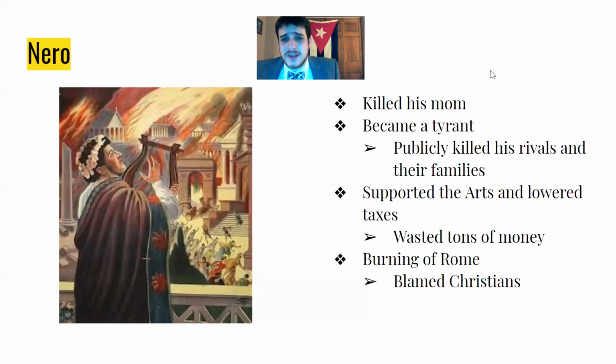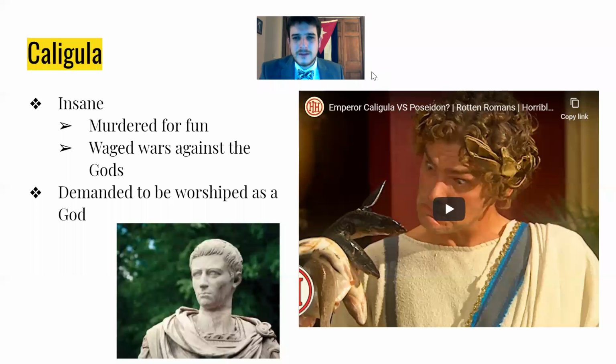He's going to do all these kinds of things after blaming them, persecuting them. And obviously, he's not a really great leader here. Definitely not a leader that we would aspire to be if we were ever in this kind of situation. So Nero, not a very good emperor of Rome.